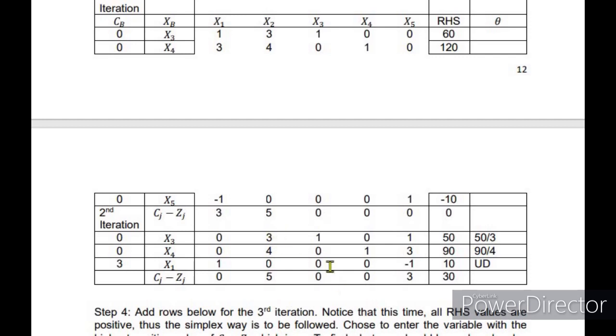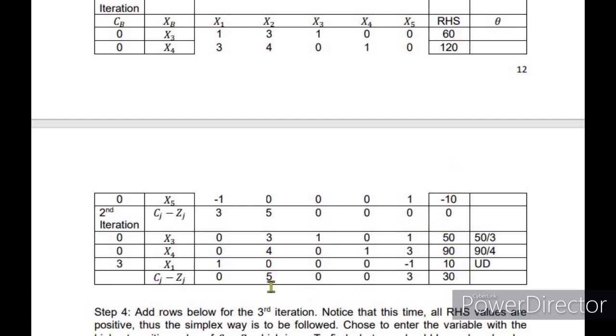Then 0, just copy paste the 0. Then negative 1 times 1 is negative 1, so the original value is 0, and 0 minus negative 1 is positive 1. Next, 10 times 1 is 10, so 60 is the original value, and 60 minus 10 is 50.